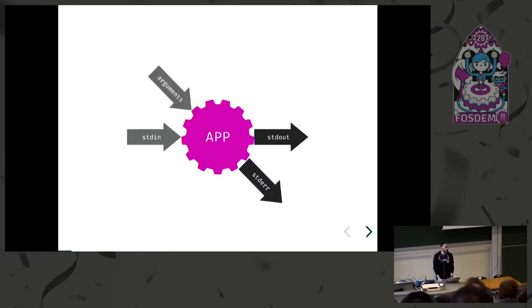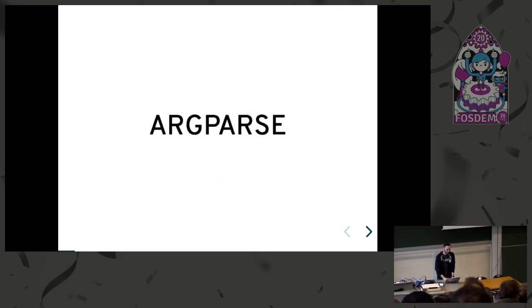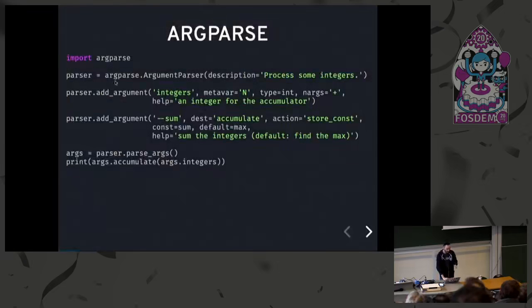And then we get other forms of interaction, like arguments. And for Python, we have arg parser. In this short code, we can see I can import arg parser, I create my parser, and then I declare what I will expect as arguments. And then I can later use them.